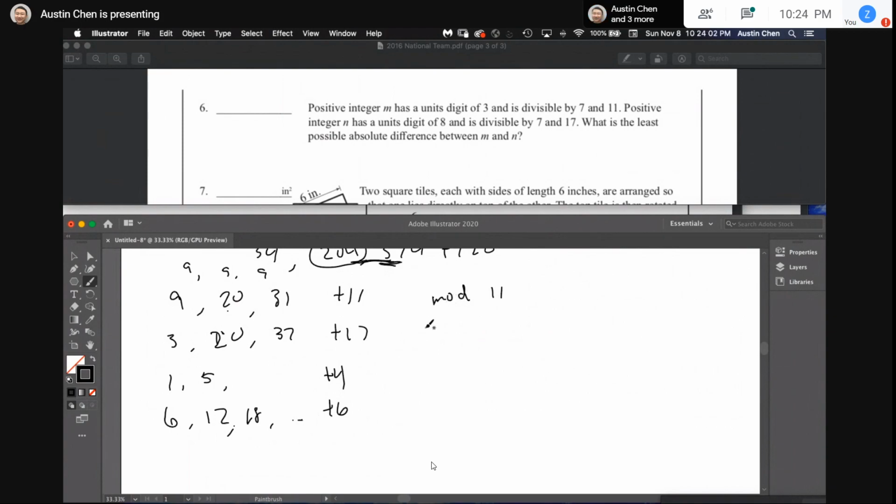Right? Does that make sense? I think there is a theorem for this, but I totally forgot the name.